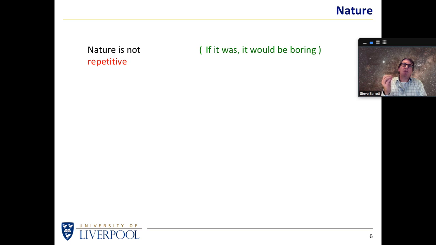Nature is not repetitive. In other words, the same thing doesn't happen over and over again. It may seem that way during the last year of lockdown, but nature does not absolutely repeat. If nature simply did the same thing over and over again, it would be very boring. And nature, at the opposite end of the spectrum, is not unpredictable.